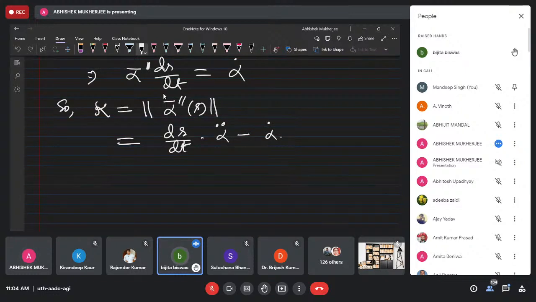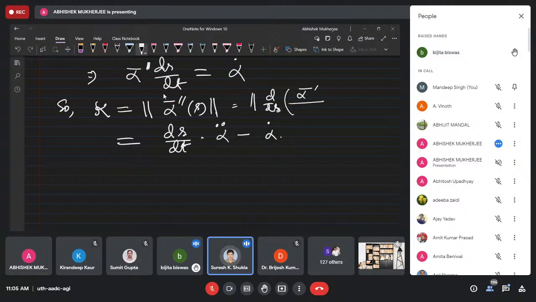Alpha bar dashed, alpha prime, alpha dot over s dot.